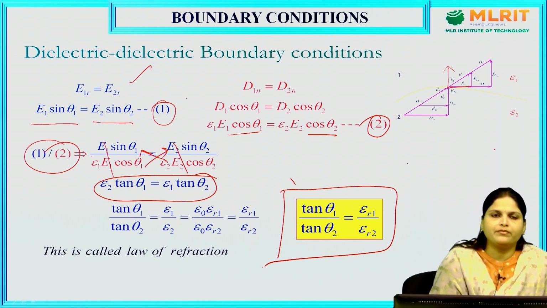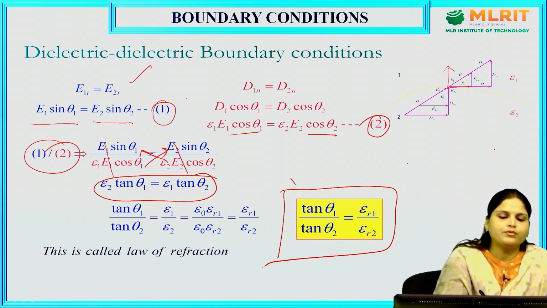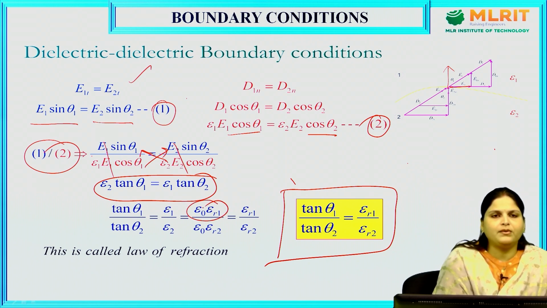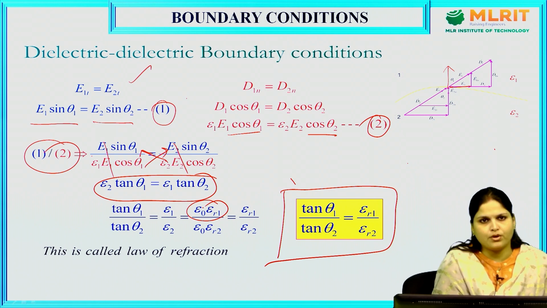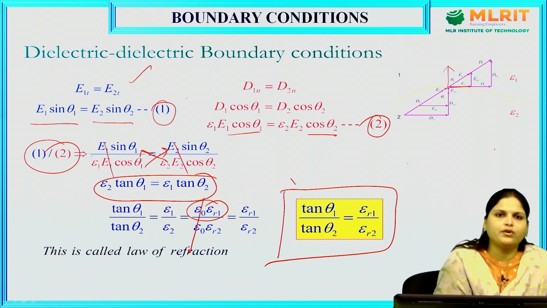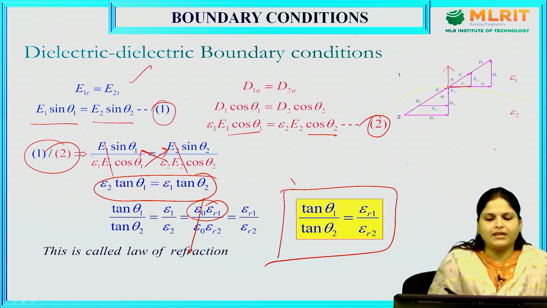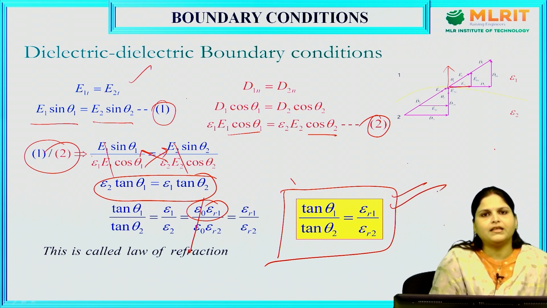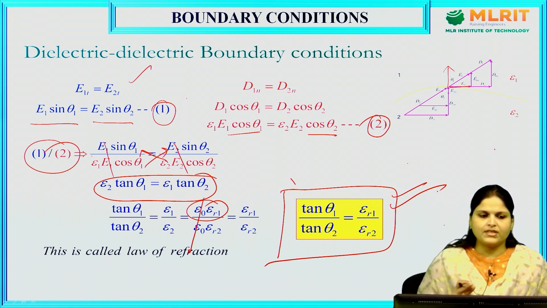In place of epsilon 1 we can write epsilon naught epsilon r1, and in place of epsilon 2 we can write epsilon naught epsilon r2. Again epsilon naught will get cancelled and finally we get tan theta 1 upon tan theta 2 is equal to epsilon r1 upon epsilon r2. So this is called the law of refraction, and this is very important from the examination point of view. So this was about the dielectric boundary condition.